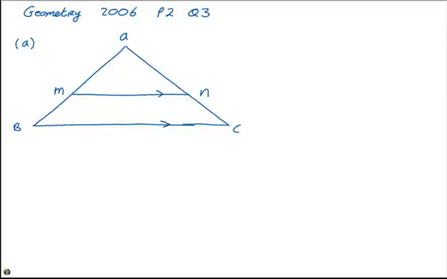But you're also told that the triangle effectively is isosceles, that AB is equal to AC. That'll be important for the second part of the question. You're told that this angle in here is 115 degrees.